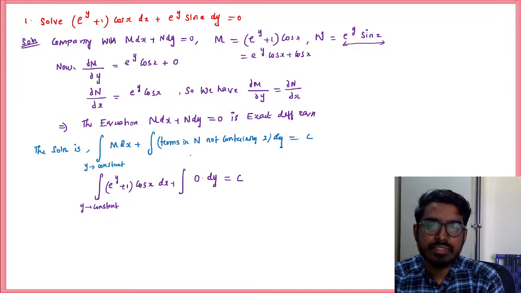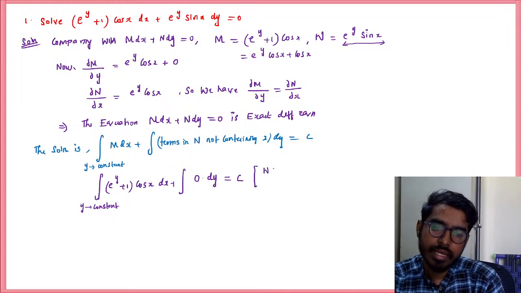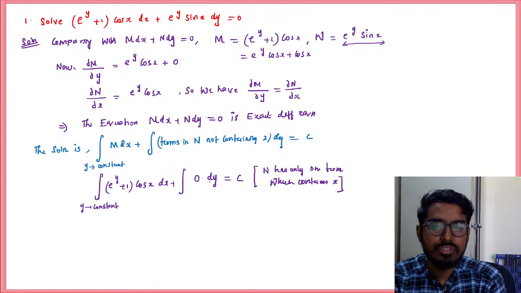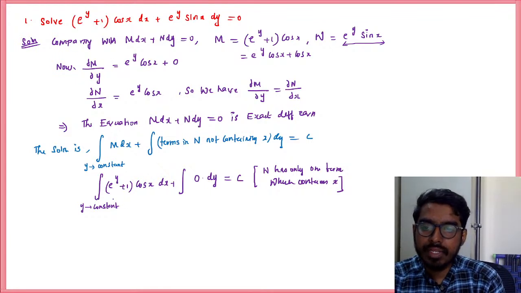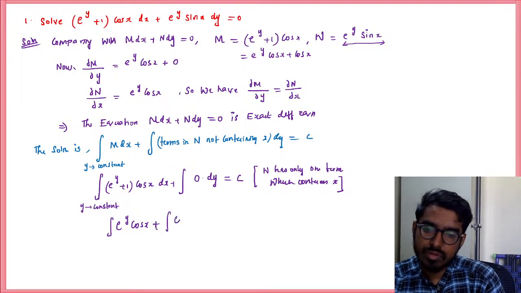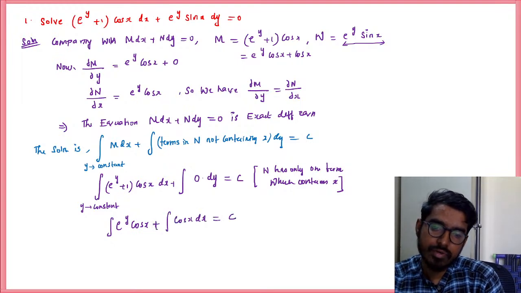This will be 0, because N has only one term, which contains x. We can see we have sin x. That means there is no term in N that does not contain x. So we integrate this treating y as constant. Therefore, integration of e power y plus 1 cos x dx is equal to c.